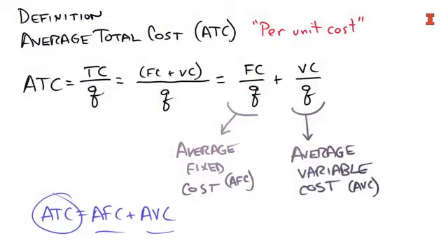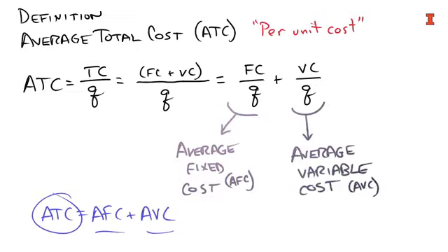Okay, so let's start. What I'm interested in is figuring out, what does the average fixed cost curve look like? Well, the average fixed cost is definitionally equal to fixed cost divided by output. We saw that on the previous slide. Average fixed cost is just fixed cost divided by output.